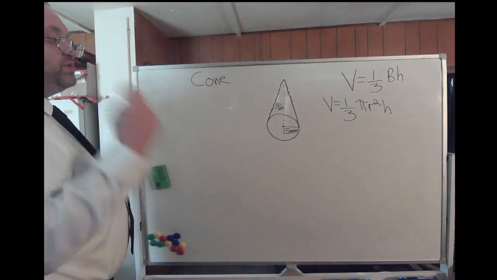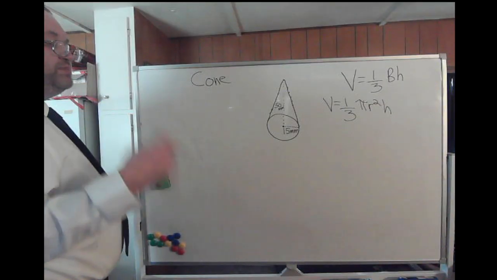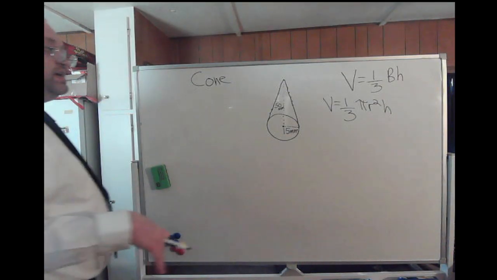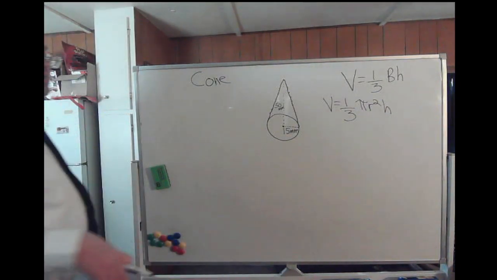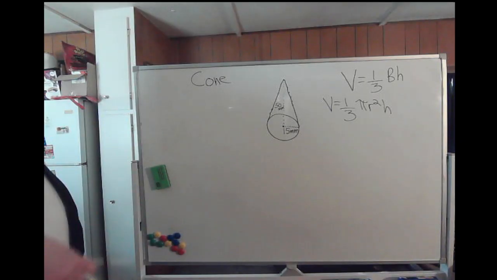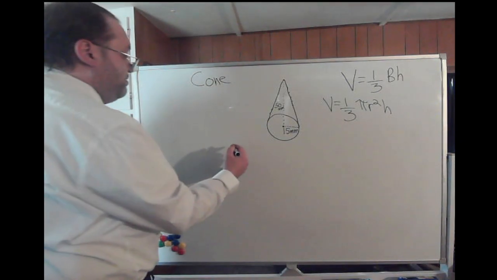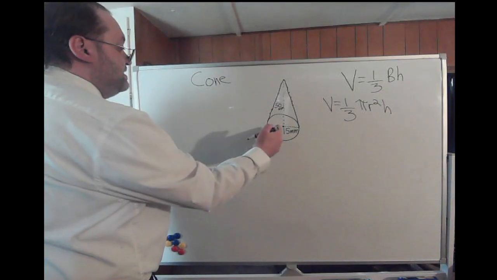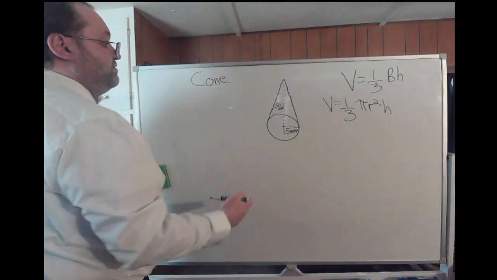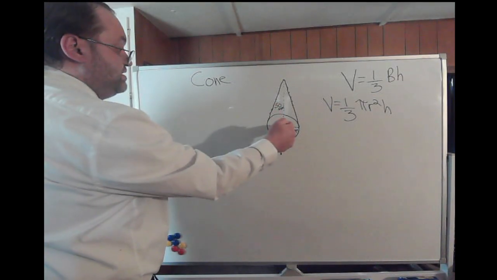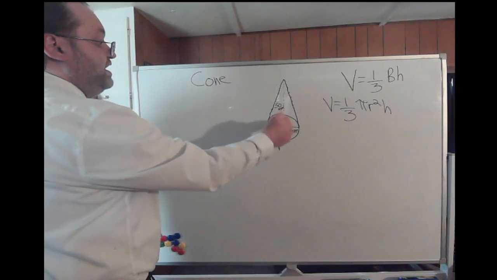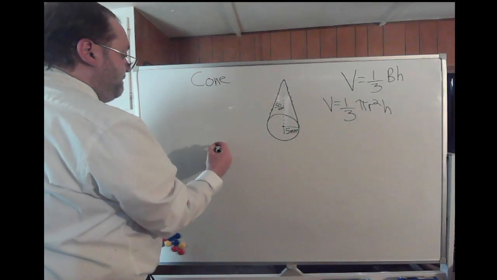We'll say it's just one of those big cone paper cups. I don't think those are the exact dimensions of one, but I'm just making it up. But let's say this paper cone cup has a radius of 15 millimeters. The height of it is 50 millimeters.